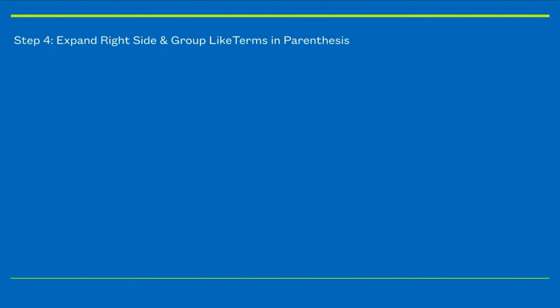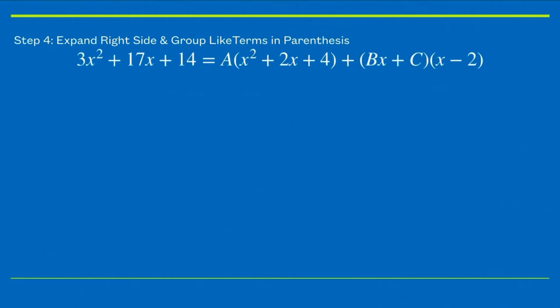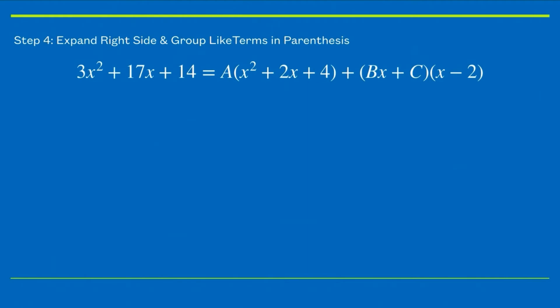We're going to expand the right side of the equation and then group like terms in parentheses. So I'm going to bring in the equation from the previous slide, and then all we're going to do is just distribute the a into the parentheses, and then we're going to do the same thing with the bx, and then the same thing with the c.